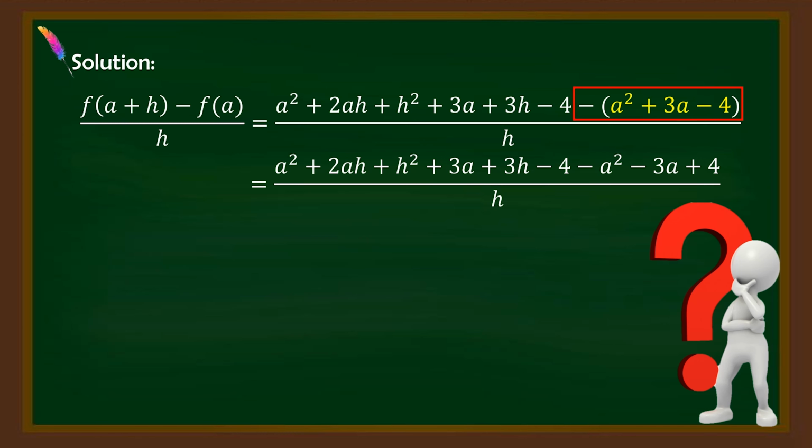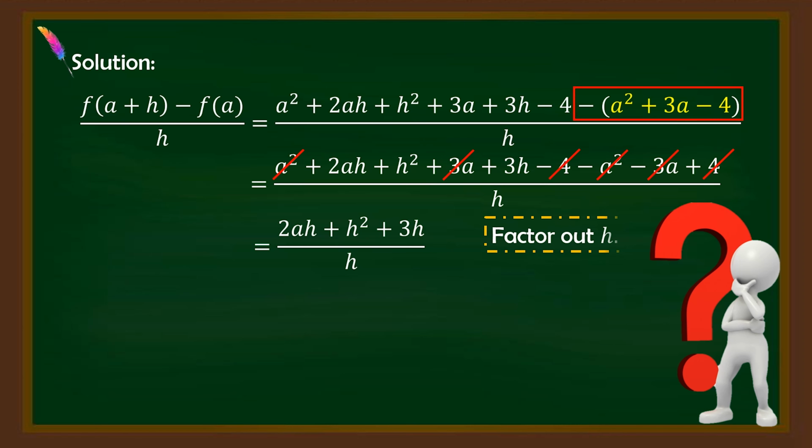Simplify it by combining similar terms by a manner of cancellation. So we can cancel a squared and negative a squared, positive 3a and negative 3a, negative 4 and positive 4. By that, it yields 2ah plus h squared plus 3a all over h.